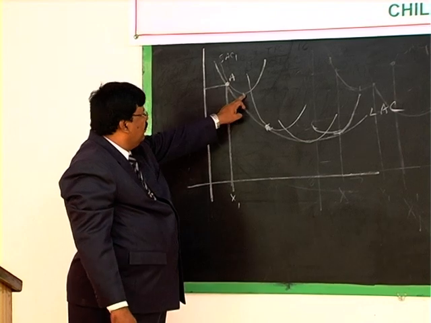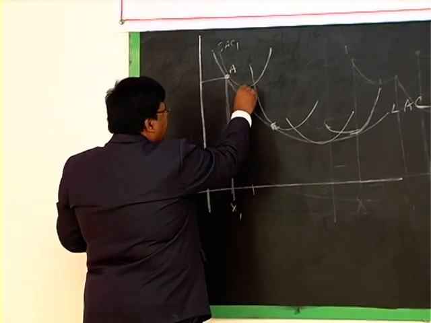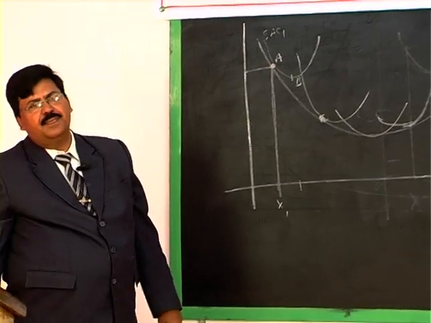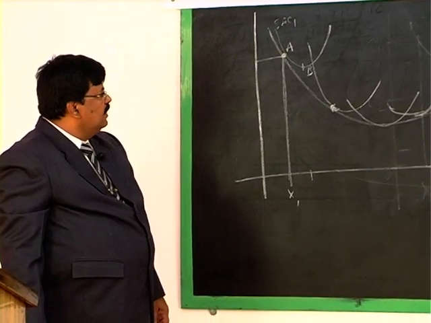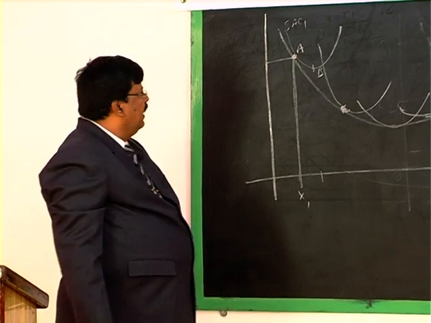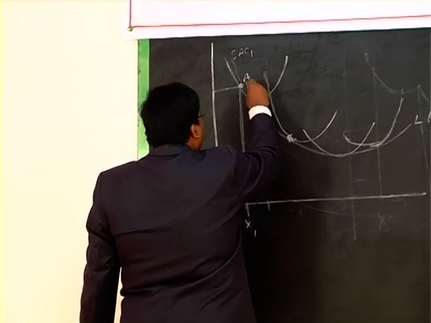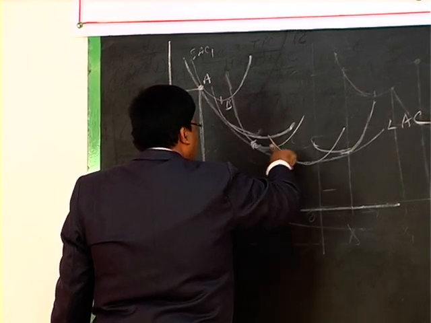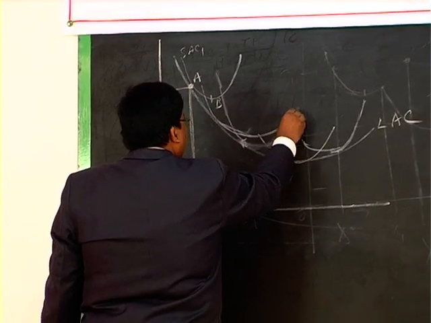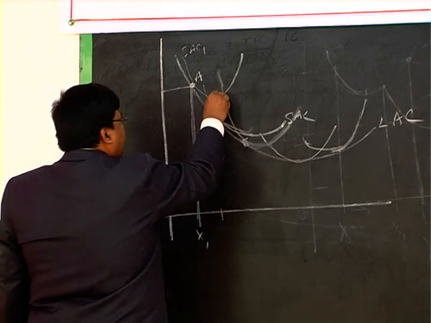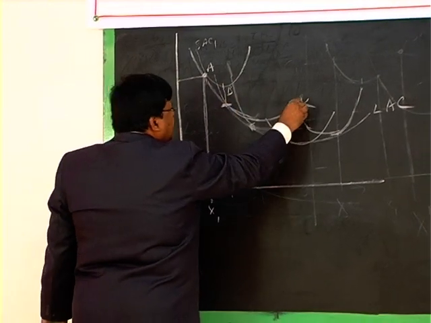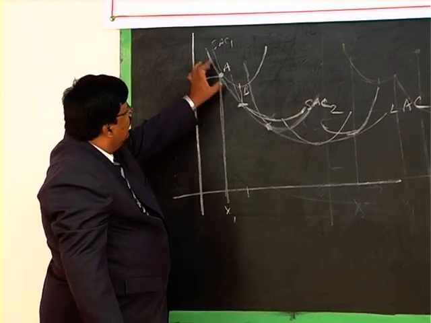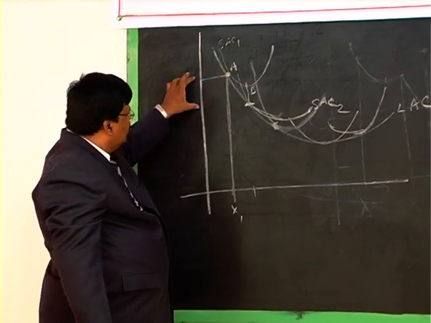By expanding output beyond OX1, from point A to B, unit cost can be reduced, and unit cost can still be reduced by going for SAC2. At point A, unit cost is OC1.